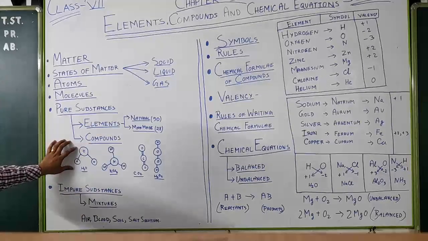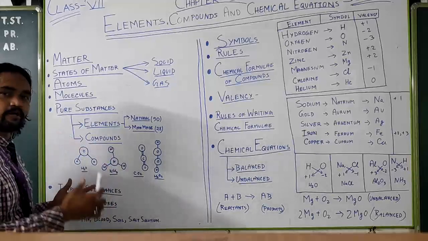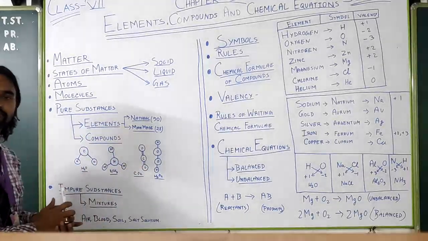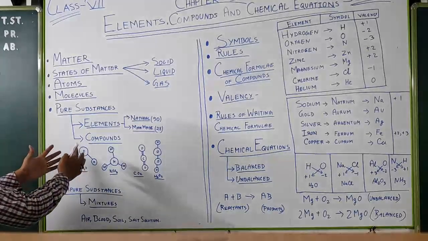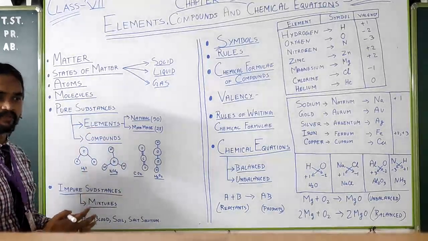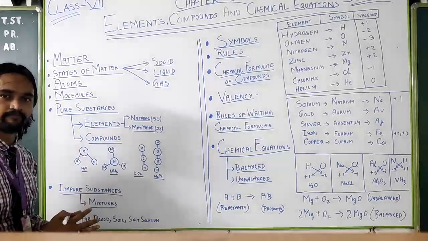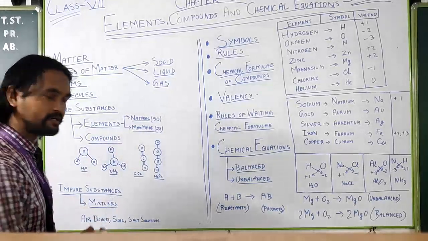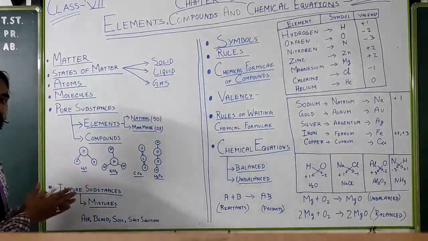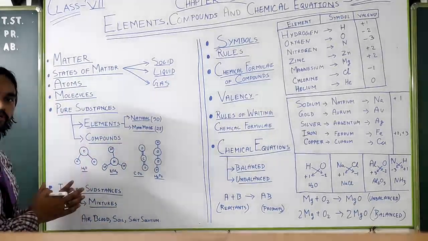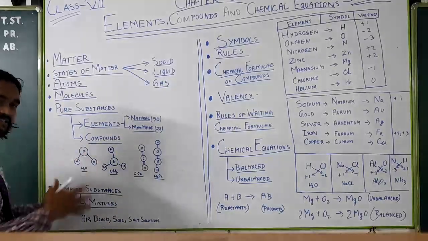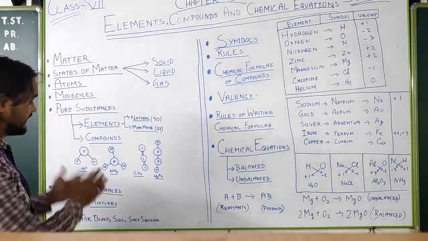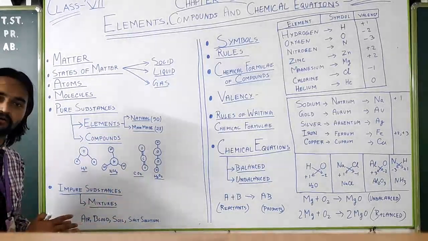The water molecule has completely different properties from hydrogen and oxygen. Hydrogen burns itself. It is the lightest element. And oxygen helps in burning. But when they react with each other and produce the water molecule, it neither burns itself nor helps in burning. But it helps to put off fire.